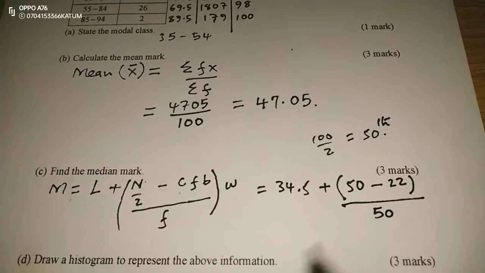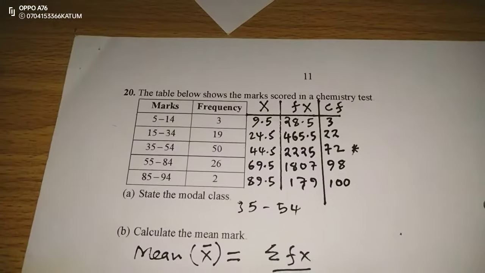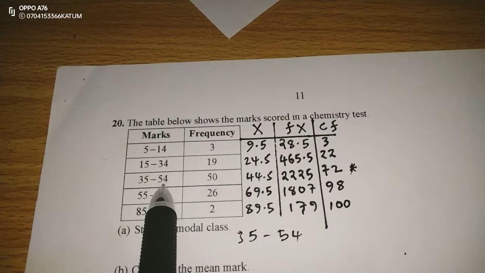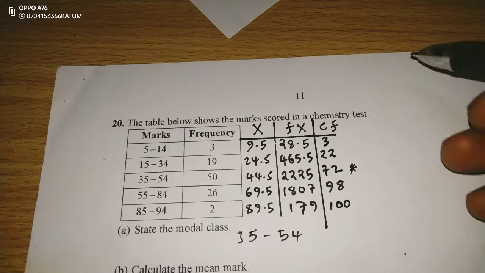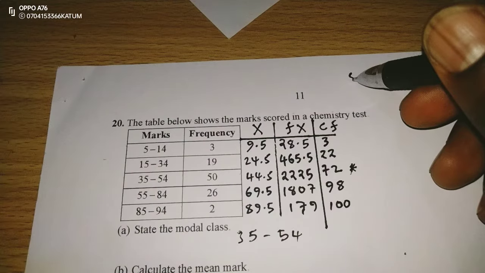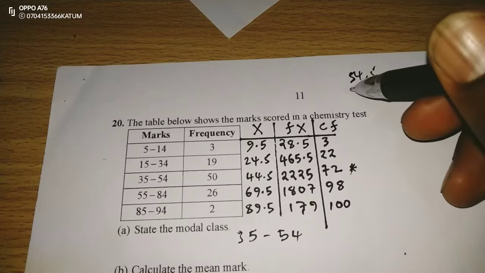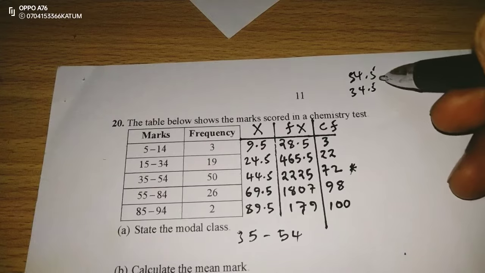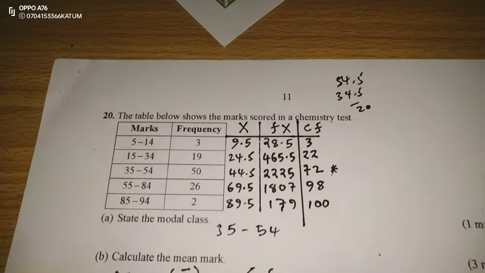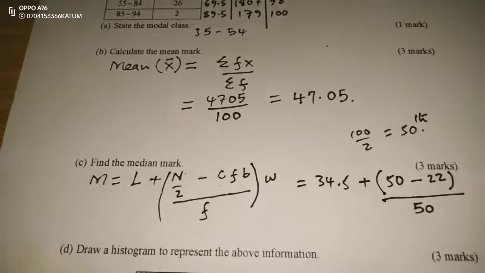Then we multiply by the class length. Class length is usually obtained by upper boundary minus lower boundary. So we're going to get 54.5 minus 34.5, giving us a class length of 20.